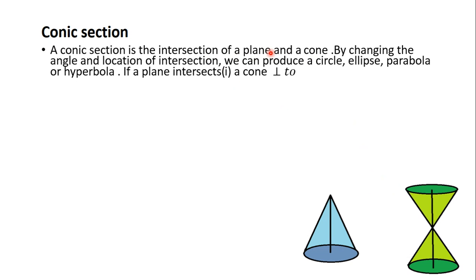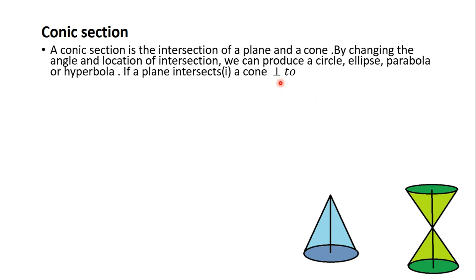By changing the angle and location of intersection, we can produce a circle, ellipse, parabola or hyperbola. So how the plane cuts this cone, accordingly different types of curves are formed, which are known as conic section.